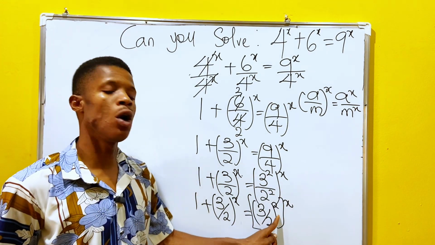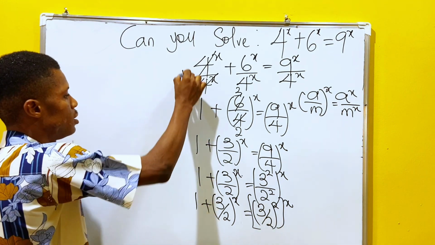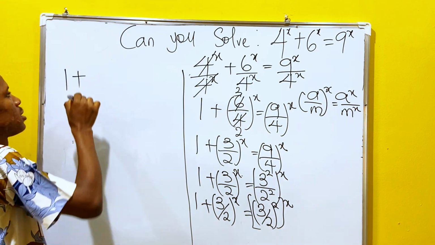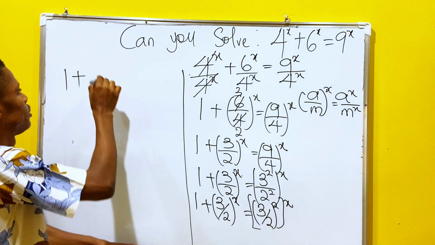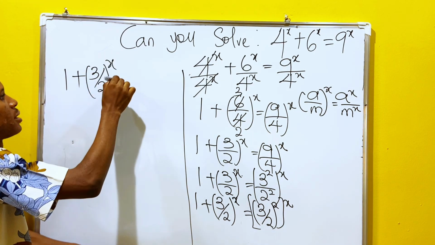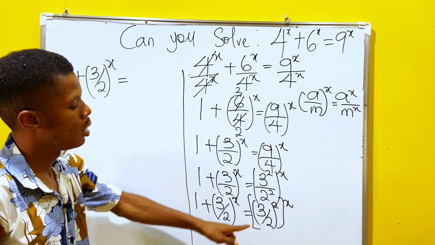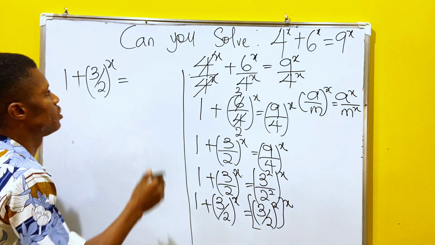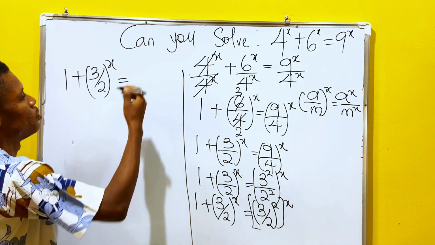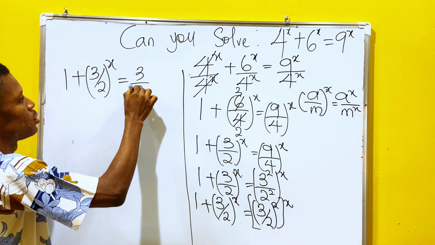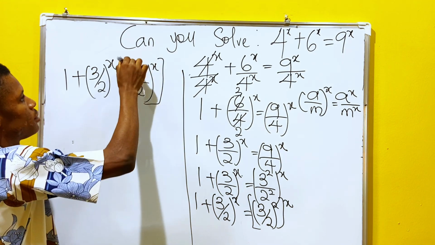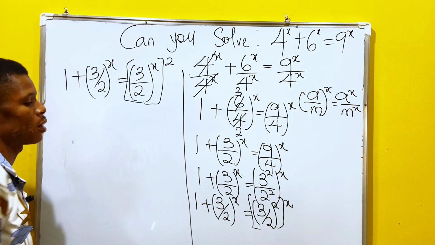Remember, we are free to also multiply the powers. So basically here we'll be having 1 plus 3 over 2 to the power of x is equal to 2 times x. We can now reverse the powers because we can still write it to be 3 over 2 raised to power x all squared. Okay?